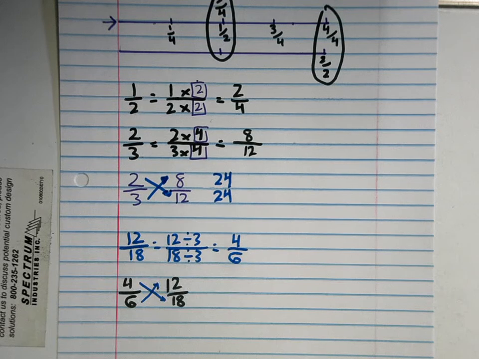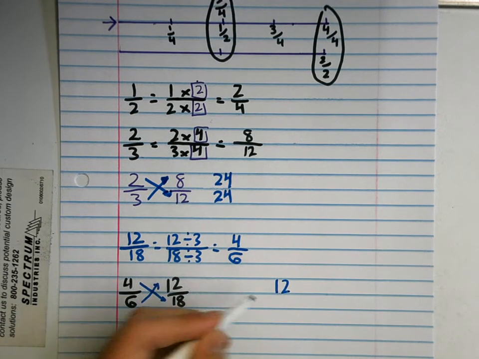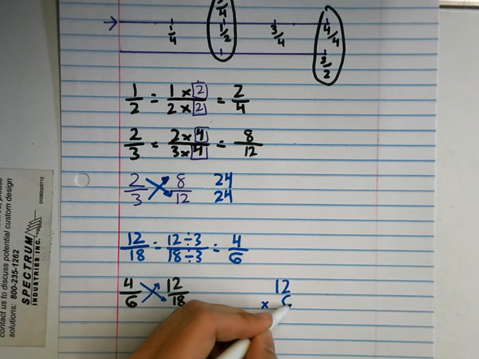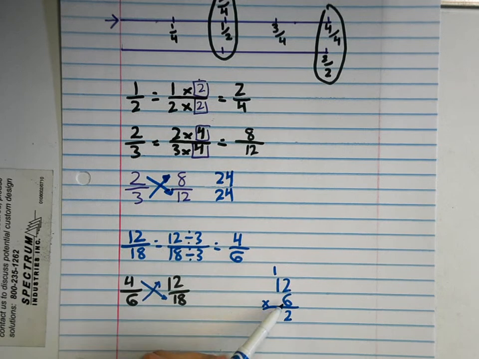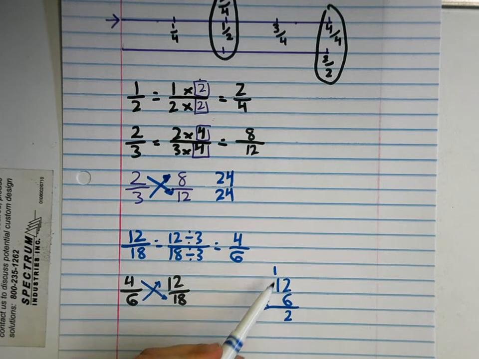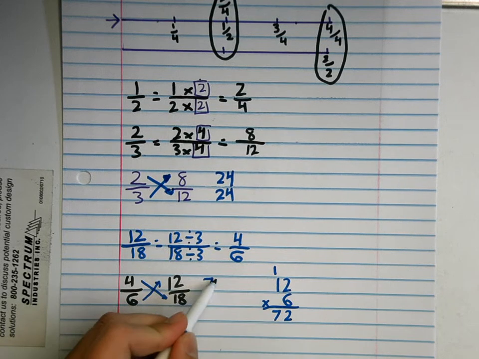I'm going to write out my multiplication problems just to make sure. So 12 times 6. 6 times 2 is 12. Put my 2 down here, my 1 up here. 6 times 1 is 6, plus 1 is 7. So 6 times 12 is 72.